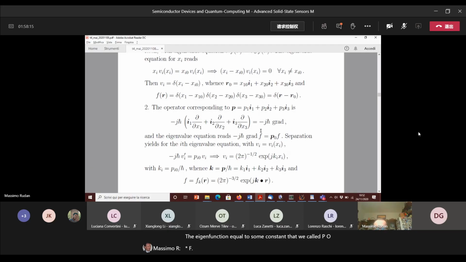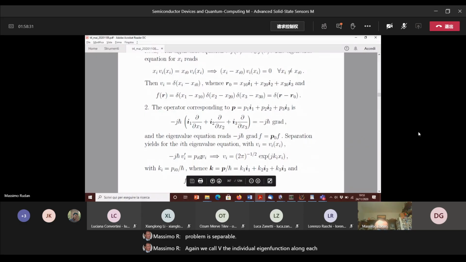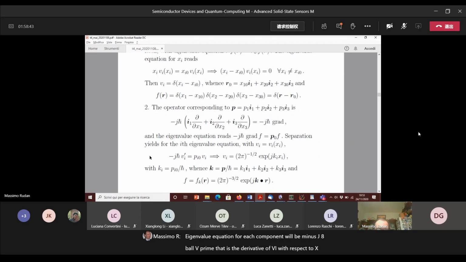Again, since the original operator is the sum of blocks, then the problem is separable. Again, we call v the individual eigenfunction along each component. So the eigenvalue equation for each component will be minus j h bar v prime, that is the derivative of vi with respect to xi, equal to the constant pi0 times vi.